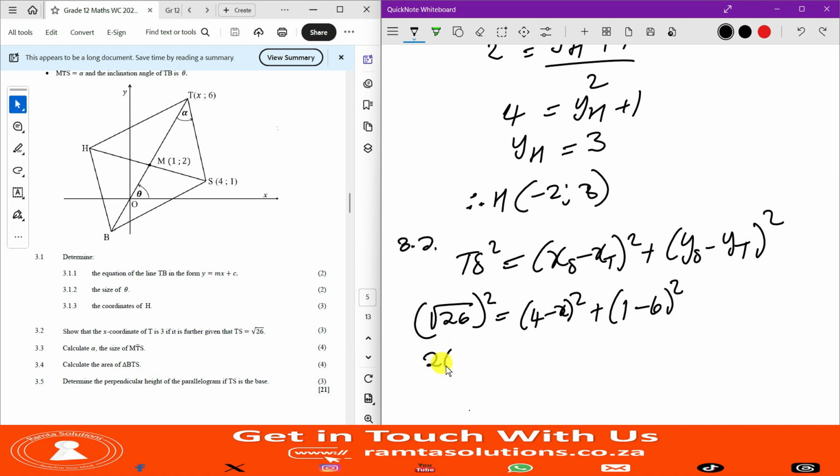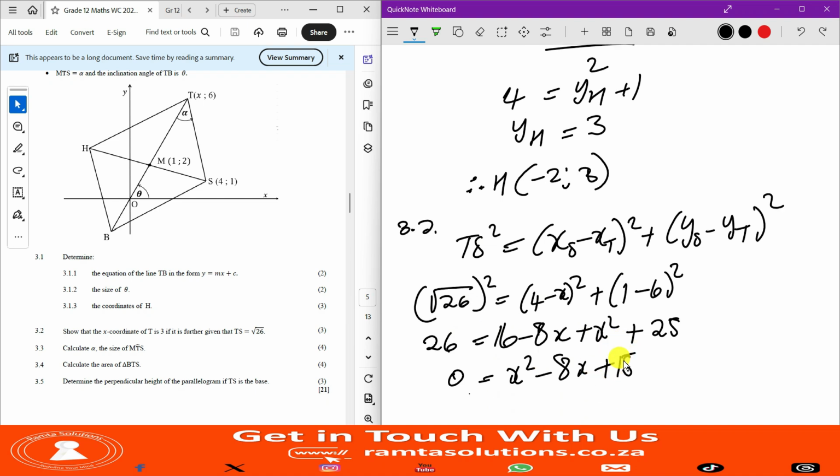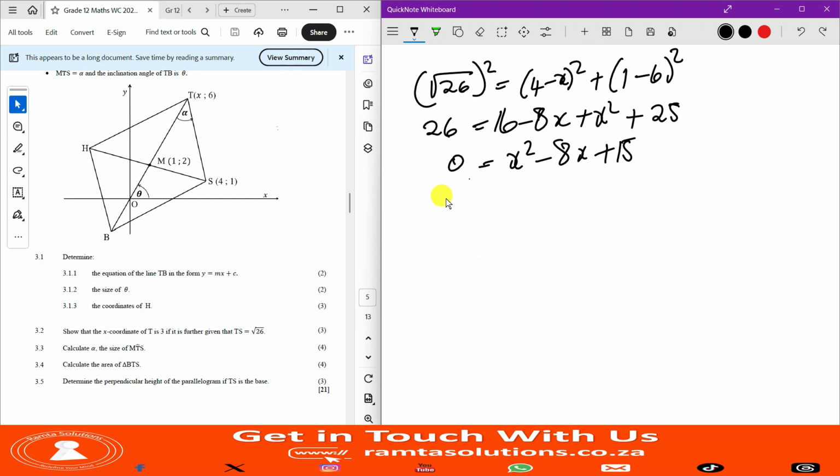So this is 26 equals 16 minus 8x plus x squared plus 25. So 0 equals x squared minus 8x, 16 plus 25 minus 26, that will be 15. Okay, proceeding. 0 equals x squared minus 8x plus 15.